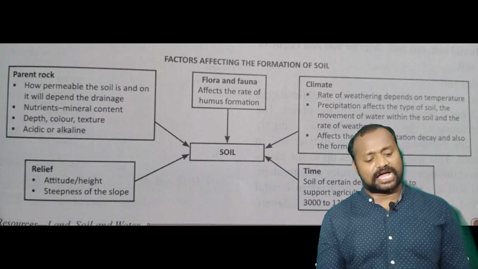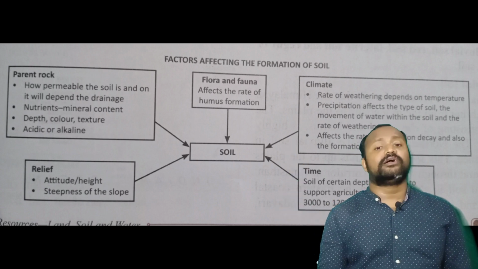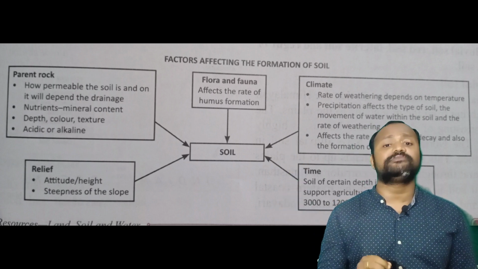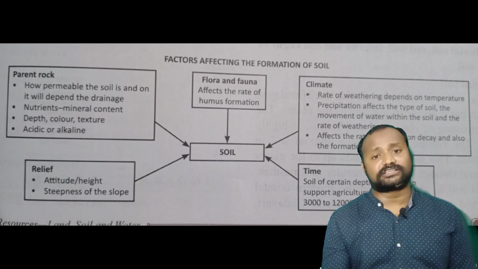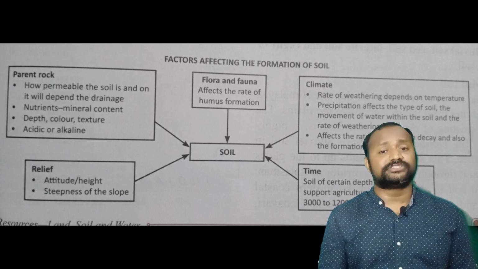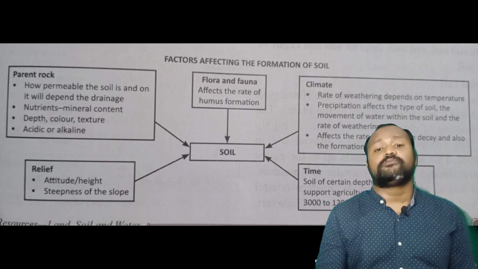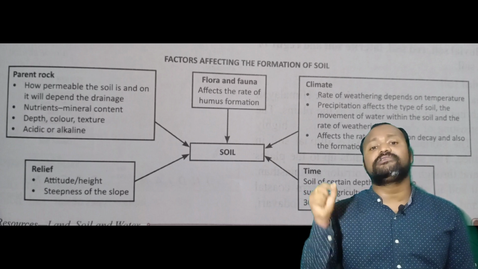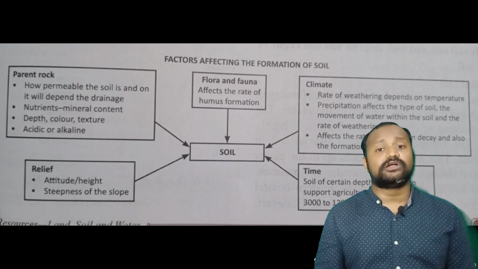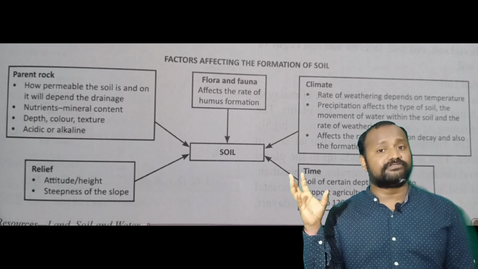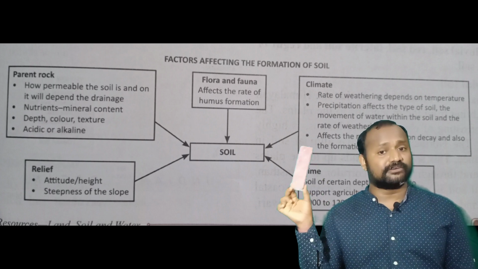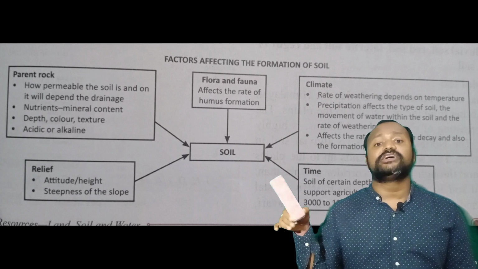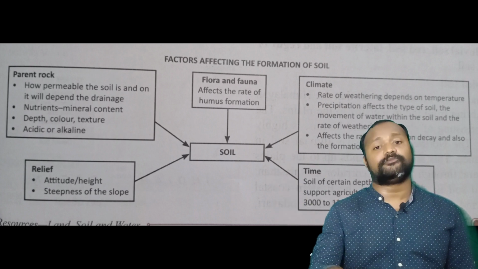The first factor is parent rock. Parent rock is one of the most vital factors in the formation of soil. Parent rock is the rock from which that particular soil is formed. For example, this is a piece of rock from which the soil is formed.